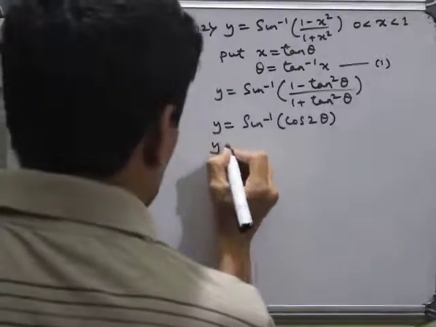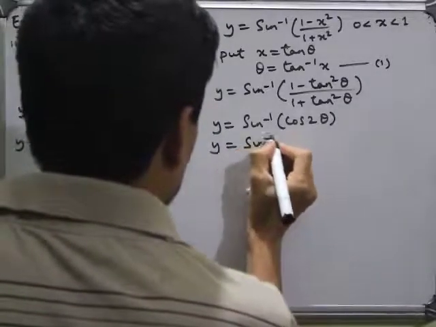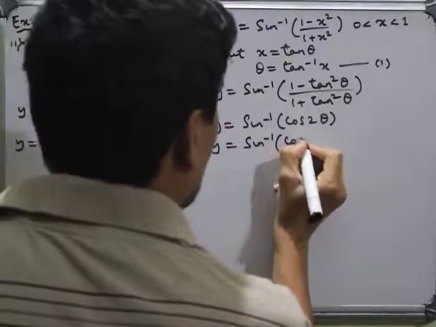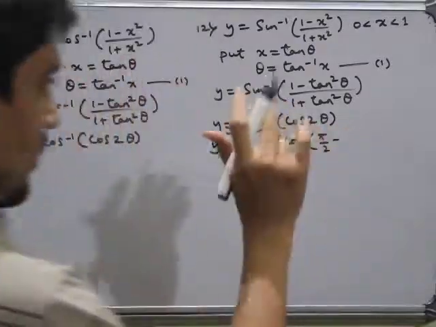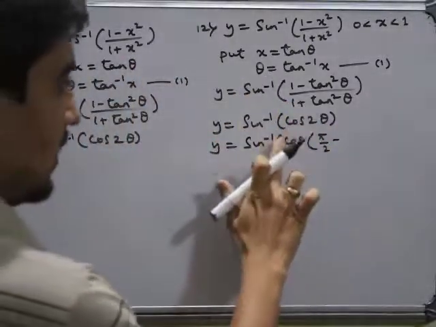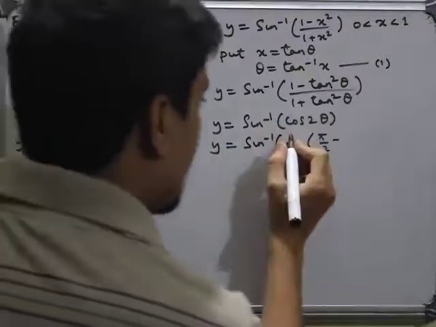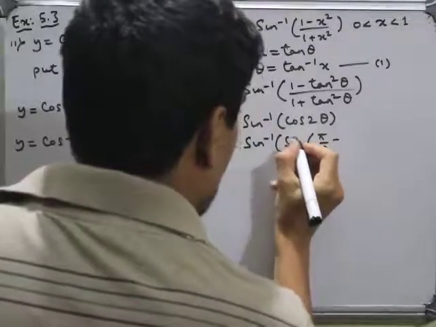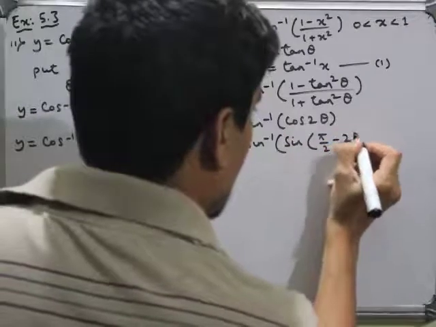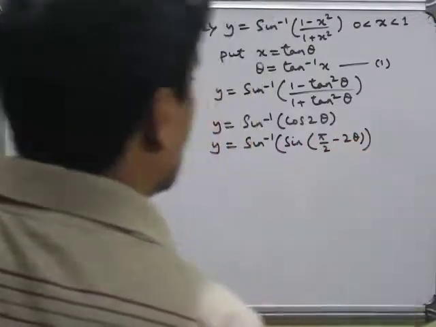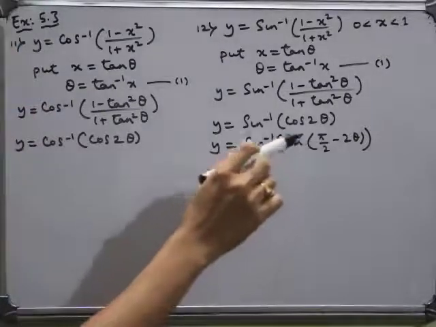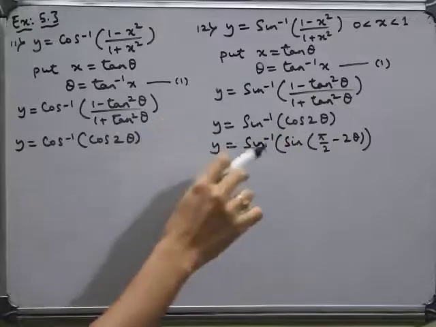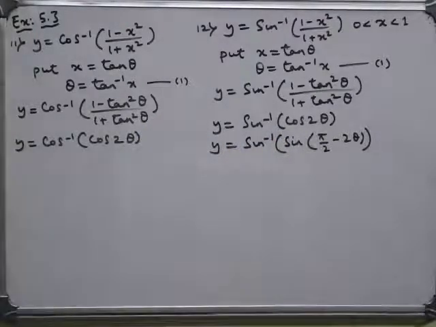So y is equal to sin inverse of, just a minute, this is not right. Cos 2 theta can be written as sin of pi by 2 minus 2 theta. So sin of pi by 2 minus 2 theta is nothing but cos 2 theta. That is how I have made the adjustment using the allied angles concept.